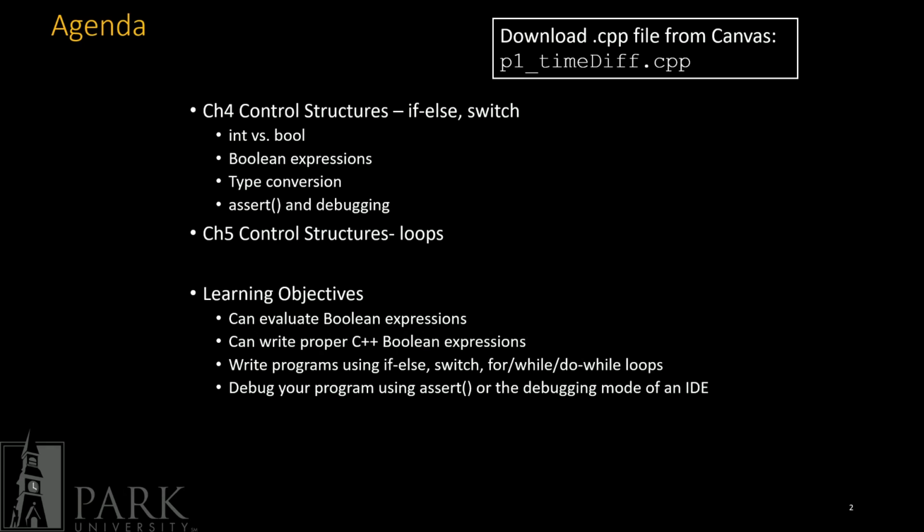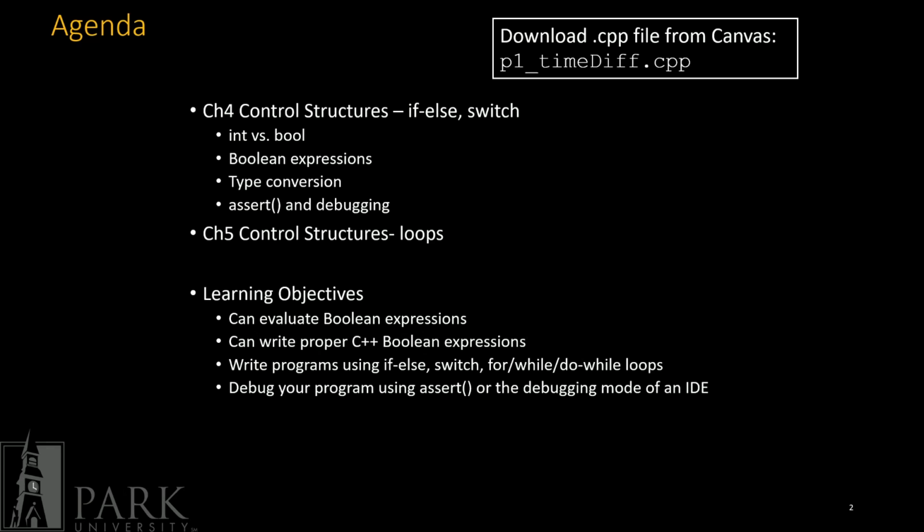Of course, the learning objectives for this section are to make sure that you know how to evaluate Boolean expressions, that you can write proper Boolean expressions in C++, and that you can use our various control structures to form a program. As you know, control structures are the heart of any program.